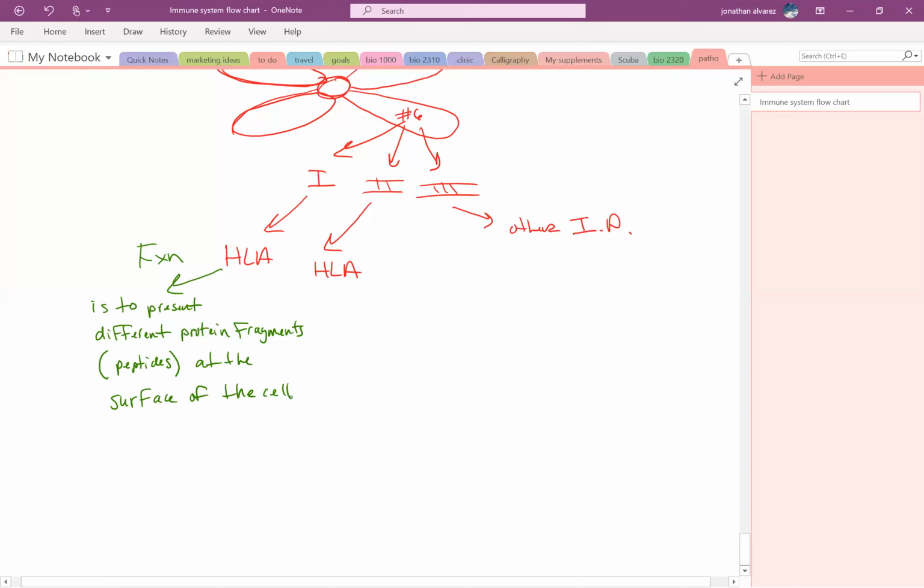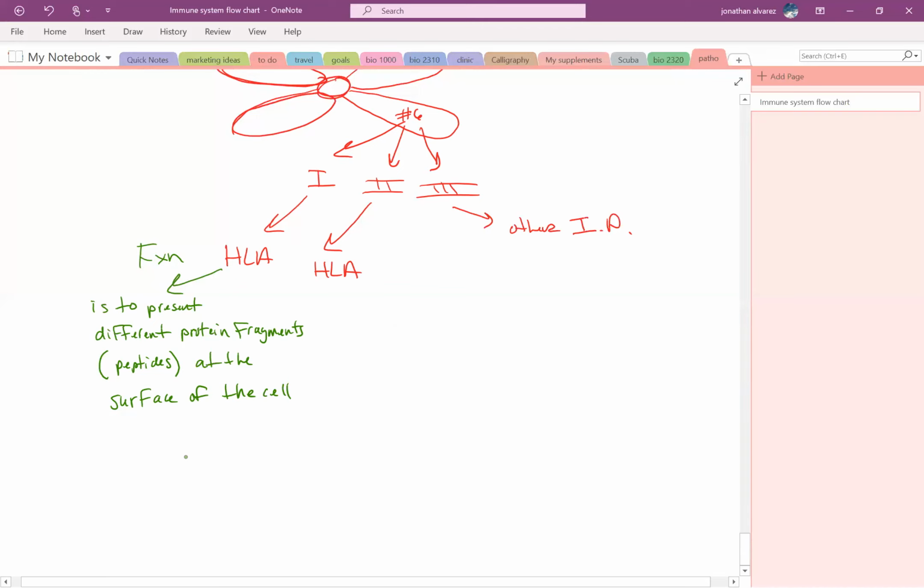Okay, and this is what recognizes self from non-self. Remember, one of the things that we drew a while back was the macrophage, and the ability to take the protein and become a cell surface protein and all that. Well, your body does that with you, right? It just makes sure that on the surface of the cell, there's a protein there that says, this is me. Is that function for 1 and 2?